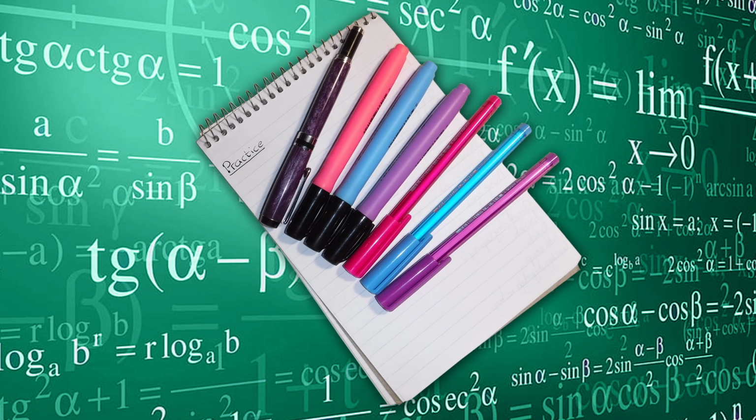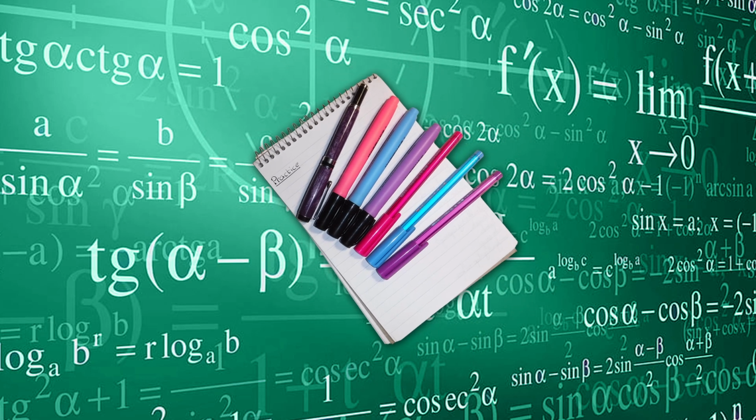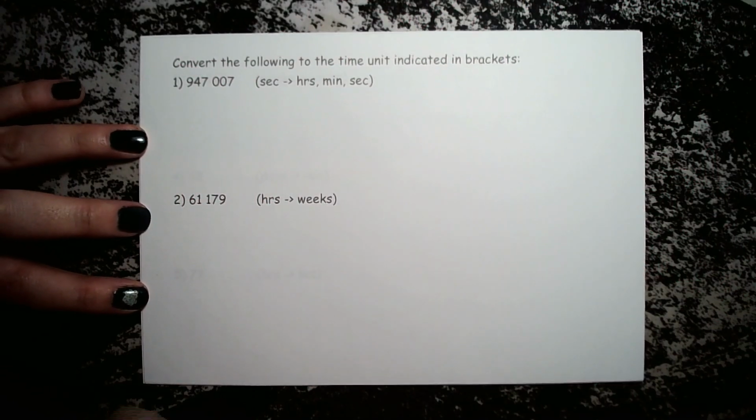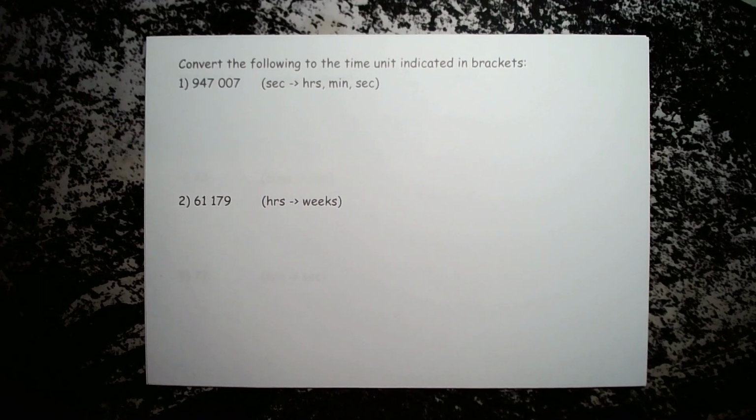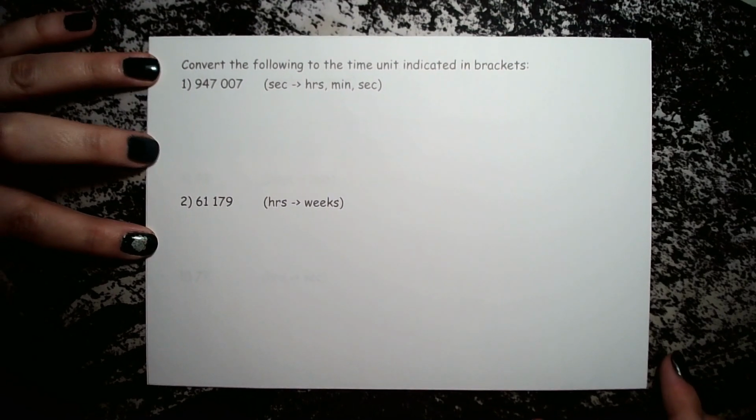Let's put some of this into practice. So here we have the instruction: convert the following to the time unit indicated in brackets. And let's have a look. So we have been given 947,007 seconds, which we need to convert to hours, minutes, and seconds. So this will take a few steps.